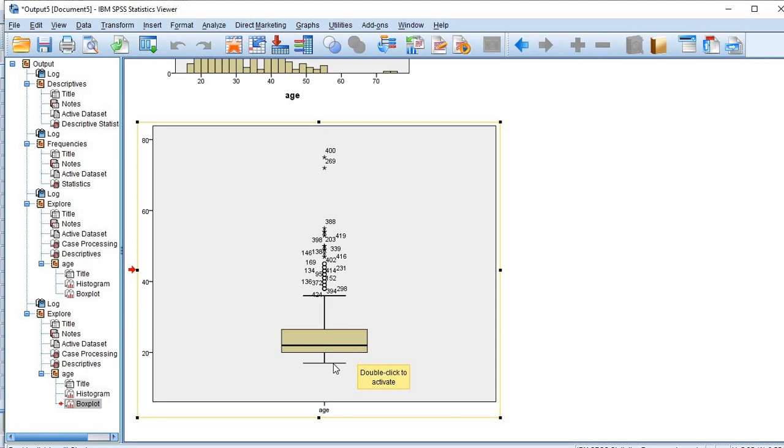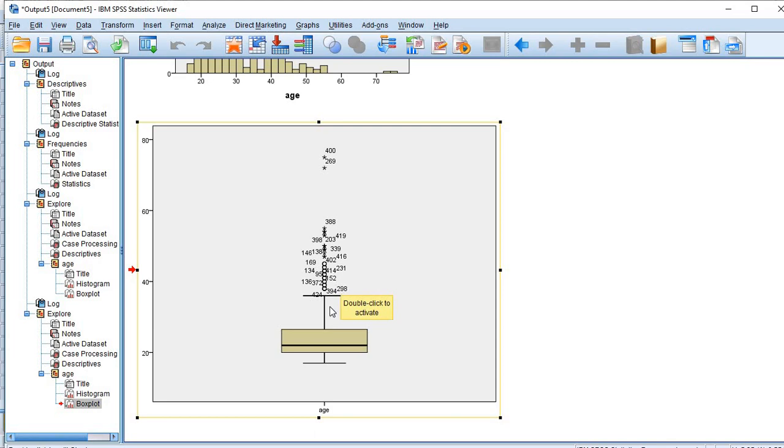The rectangle is the box, and the vertical lines that are extending are called the whiskers. That's the name: the box and whisker plot.